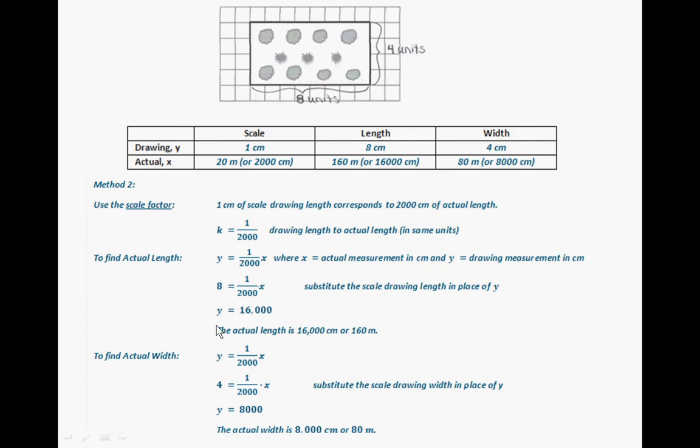Well, when we do that, we end up with y is 16,000 centimeters, which if we need to convert it back to meters, 16,000 centimeters would be 160 meters. And then the same thing with finding the actual width. 8,000 centimeters would be 80 meters. So in essence, you could figure it out either by using the scale factor or by just using the scale.